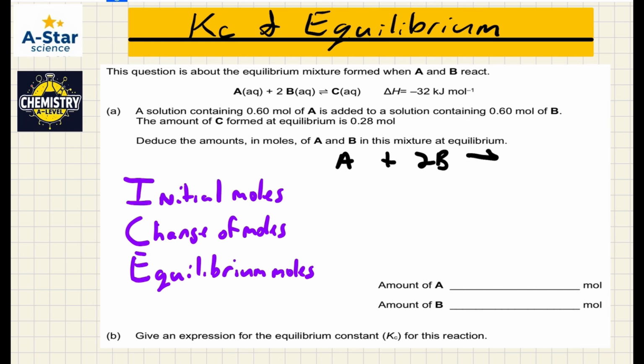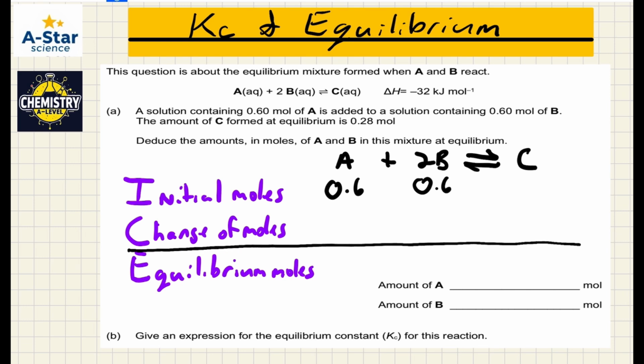And then we're going to indicate the information that's given to us in the question. In this case, it says the solution contains 0.6 moles of A and 0.6 moles of B. And at equilibrium, which we can draw a line underneath here, C formed 0.28 moles.